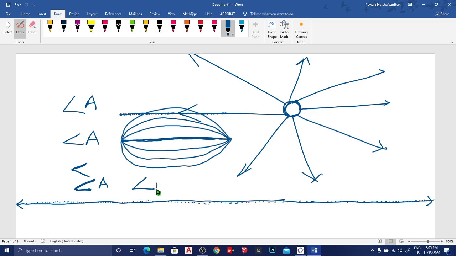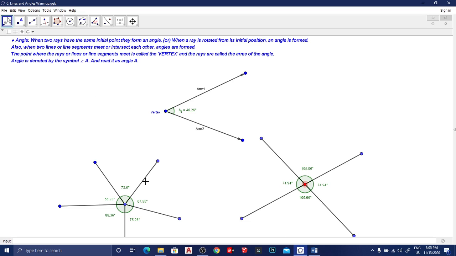This is angle A, angle B, like that you have to read it. So angle is denoted by that symbol.